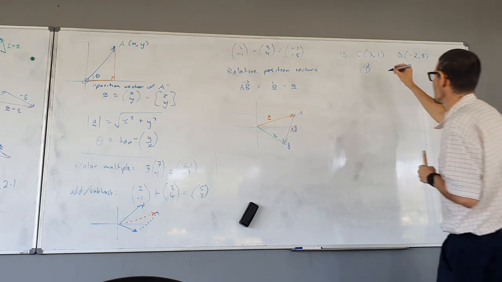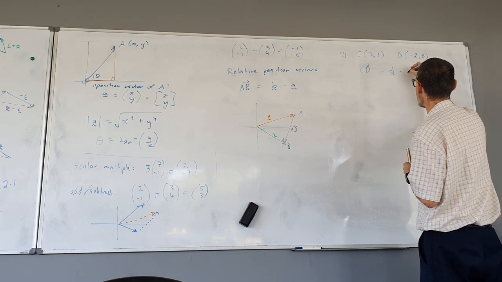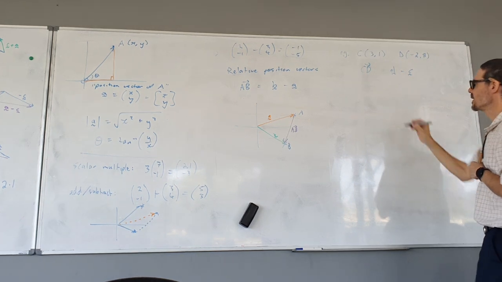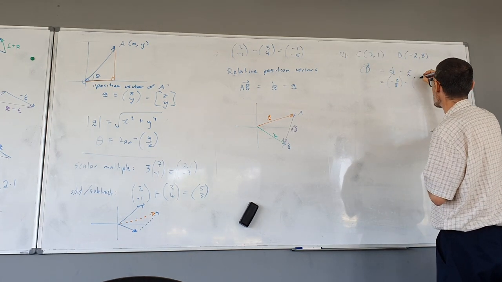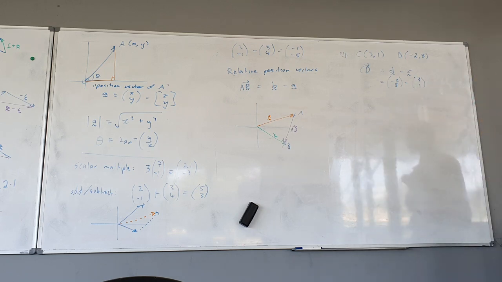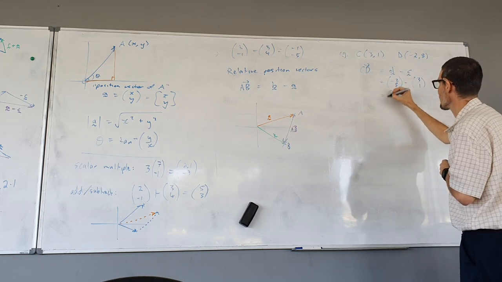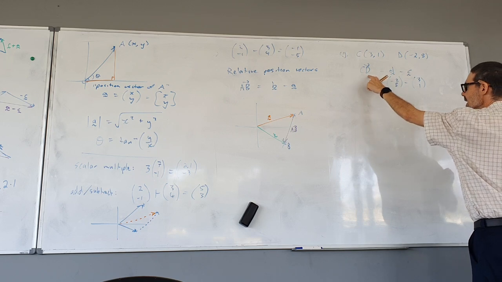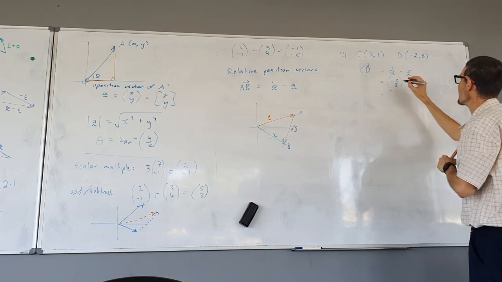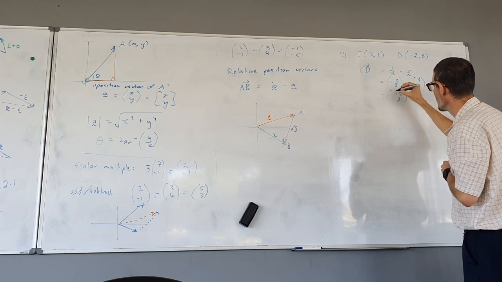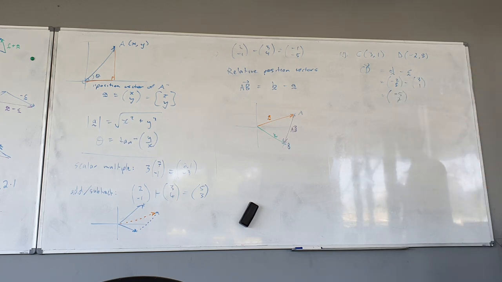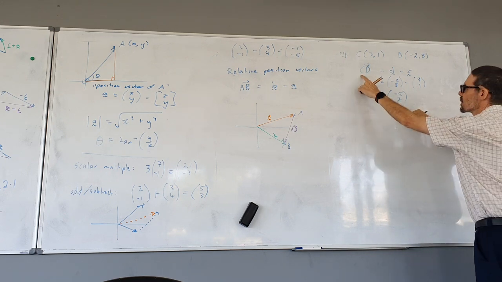Well, that is little d minus little c, which is (-2, 8) minus (3, 1). So the vector from C to D, opposite order, is -2 take 3 is -5, 8 take 1 is 7. And this is the vector that goes from C to D.